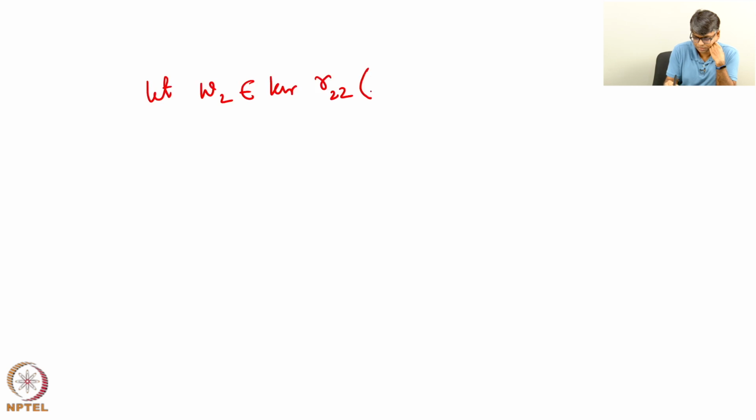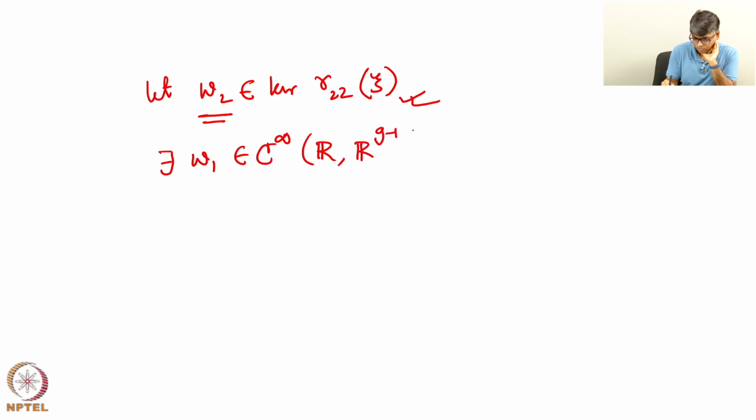Notice, what do we have? Let W2 belong to the kernel of R22 like before, and we have seen that for every such W2 in this kernel there will be a corresponding solution W1. So there exists a W1 which is a C infinity function, such that, this is a very crucial step.